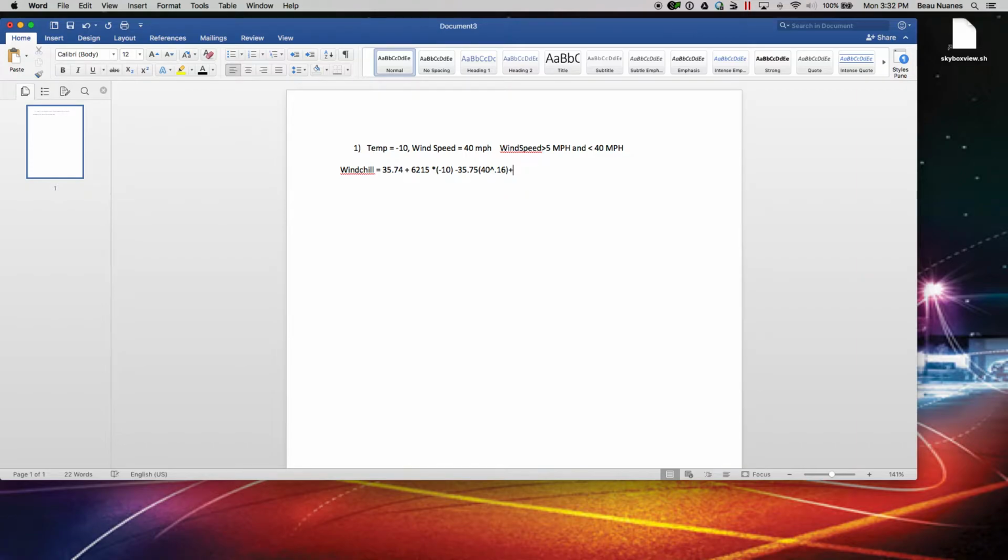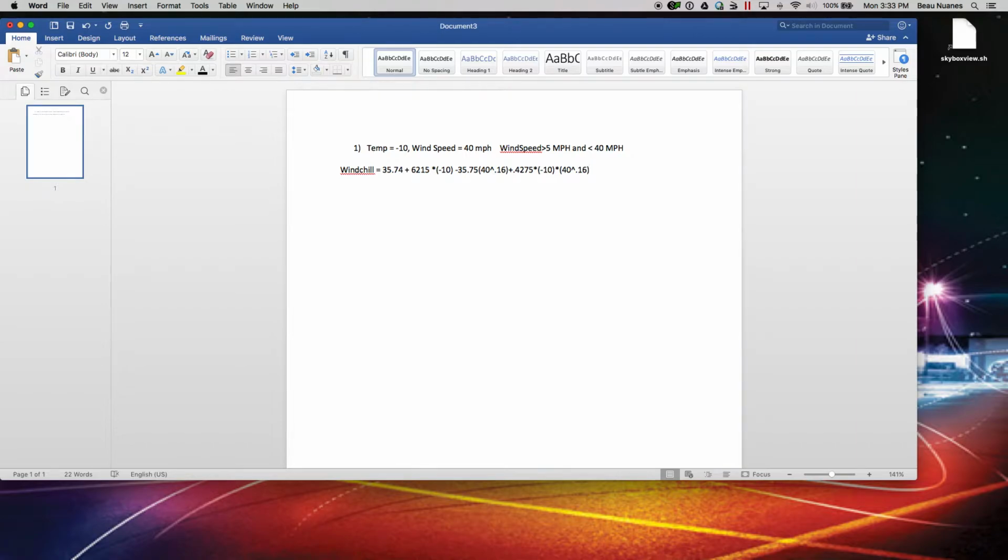And then plus 0.4275 times our temperature, which is minus 10, and then times, again, V to the 0.16, which is 40 to the 0.16.